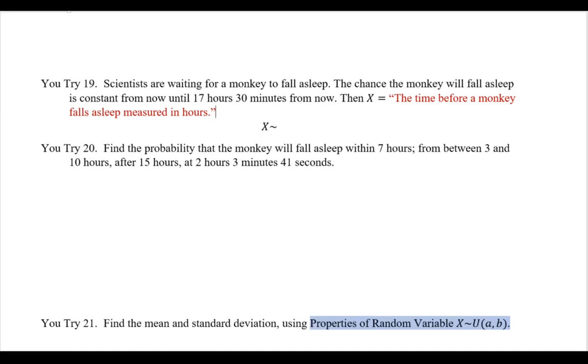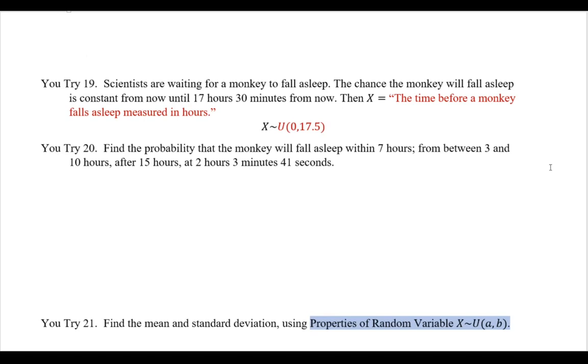How is x distributed? Because the probability that it falls asleep from right now to 17.5 hours from now is the same or constant, this is uniformly distributed from 0 to 17.5.